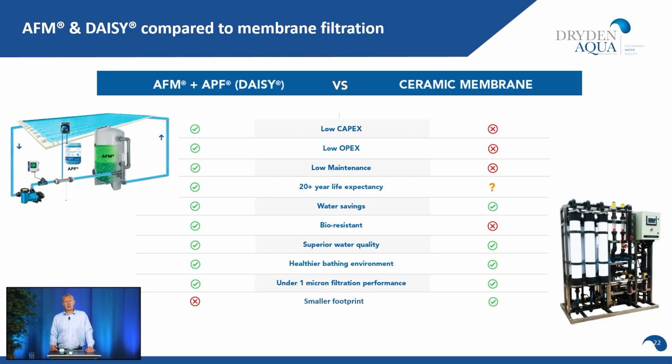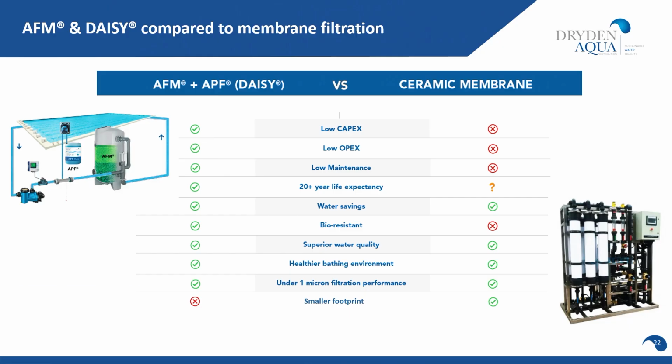Low operating costs with AFM Daisy, because it's just a straightforward swap for sand. There's no additional maintenance requirements with this, as there are with ceramic membrane. Although they're promoted as being low op, I think long term you will find the operating expense will slowly rise.